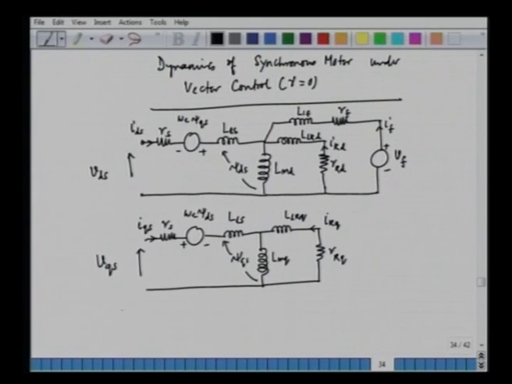So we can write the expression for the torque. Te is equal to 3 by 2 into p by 2 into psi ds IQS minus psi qs into IDS, and if we simplify this, we get the following expression.